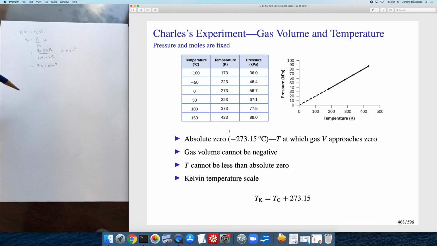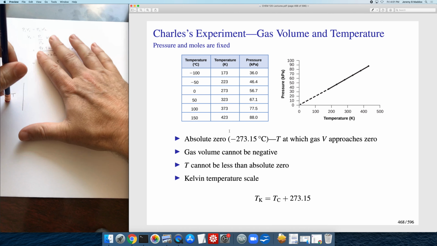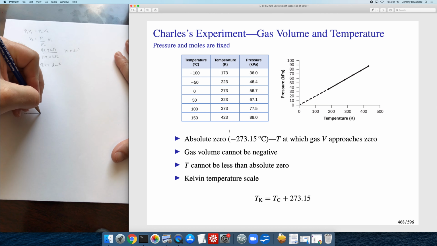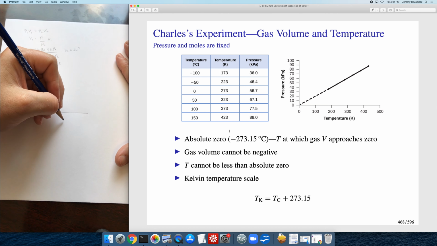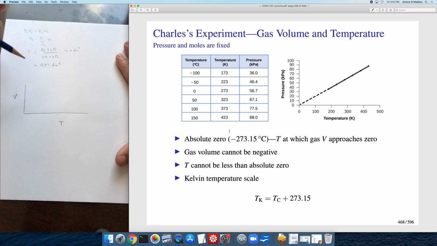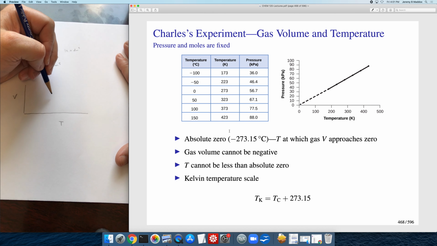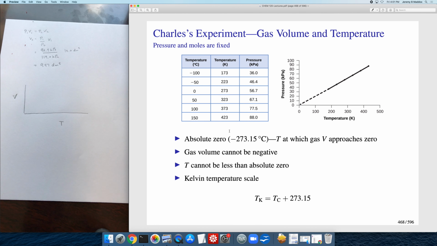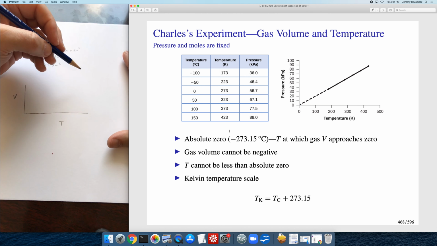So what I'm going to plot here is volume of gas as a function of temperature, and let's go ahead and use degrees Celsius. So let's imagine that we've got gas at constant pressure, and what we're doing is we're cooling the gas and we're measuring the volume that it occupies.